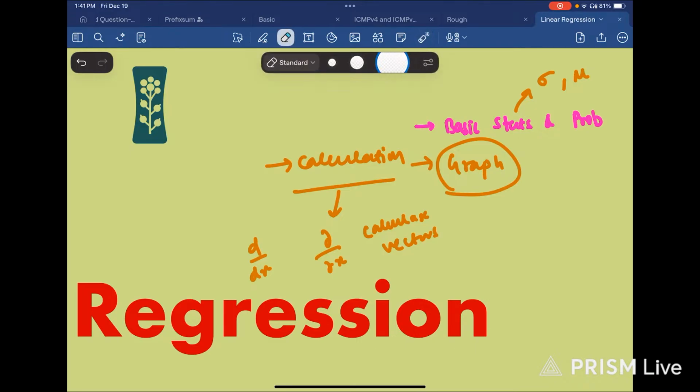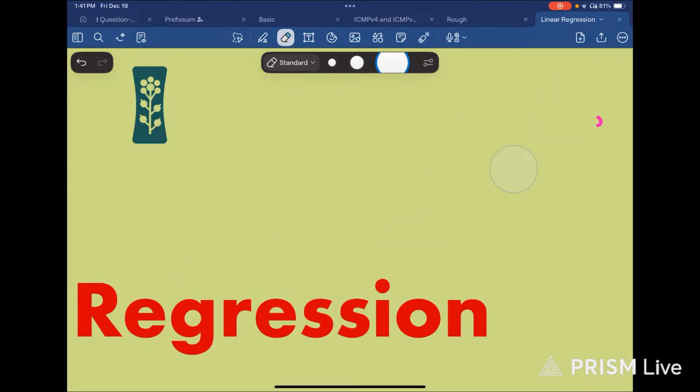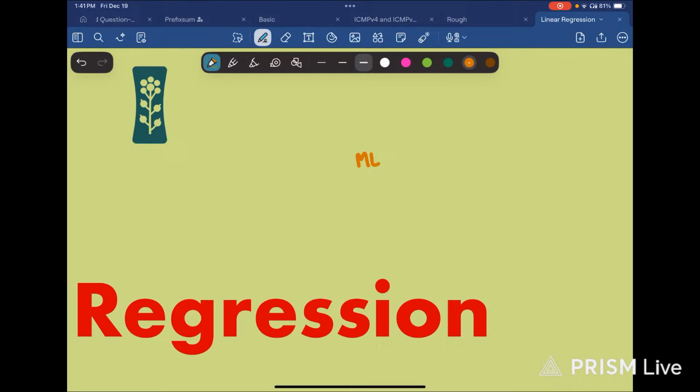After this, what you have to do is understand the ML language, as in the programming language I'm talking about, like Python if you use it.